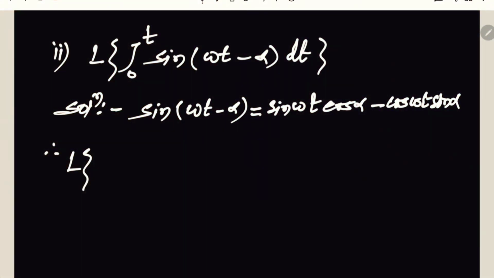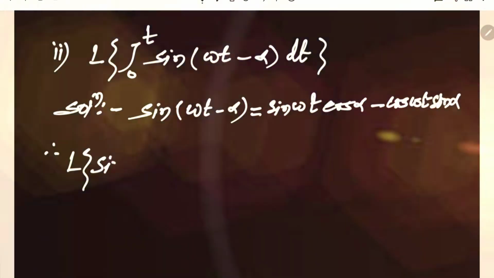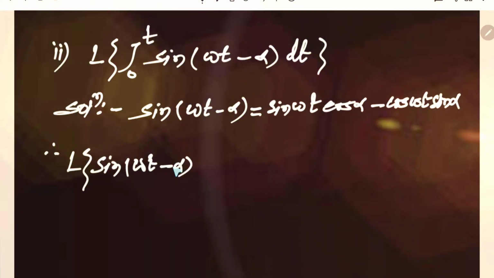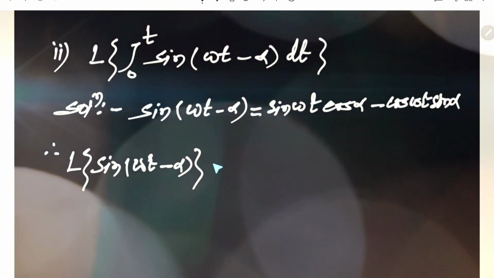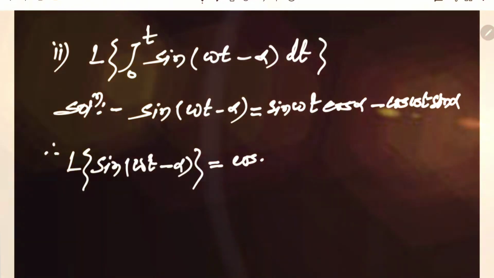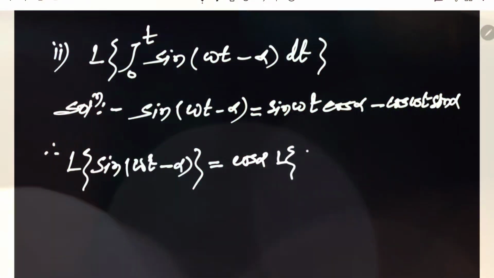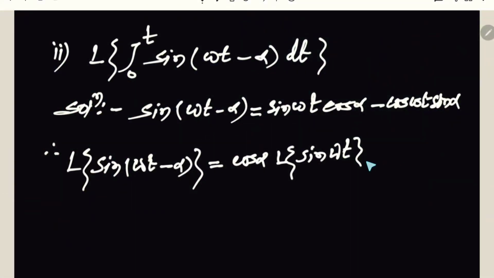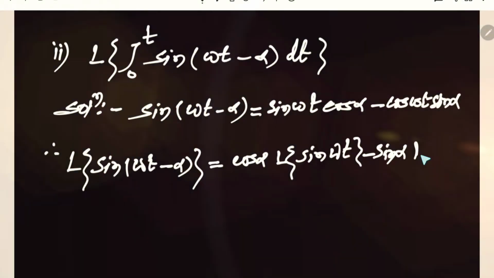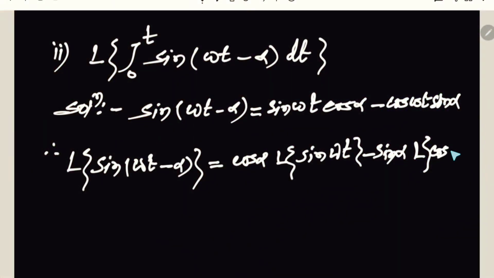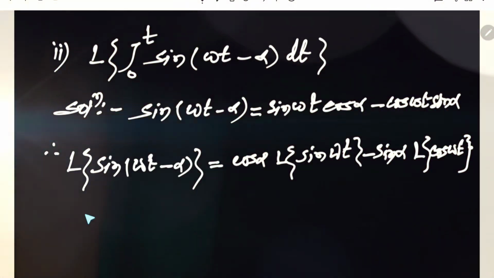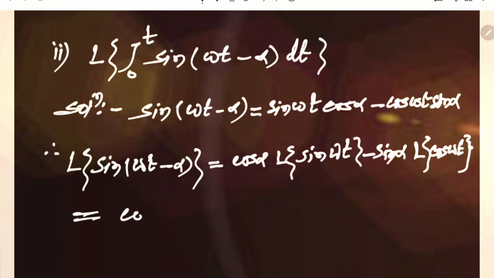Therefore, the Laplace of the left hand side is equal to the Laplace of the right hand side, and that is equal to cos alpha, which we take outside, into Laplace of sin omega t, minus sin alpha into Laplace of cos omega t. Then using the standard results, we get cos alpha as it is, no change.